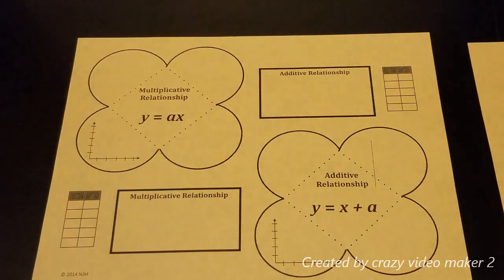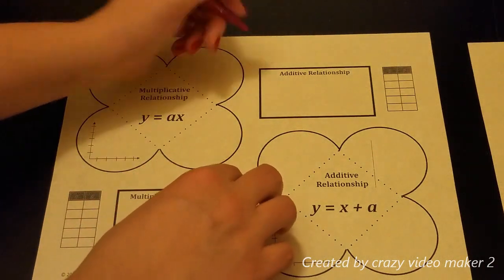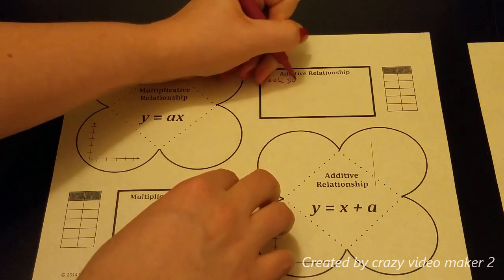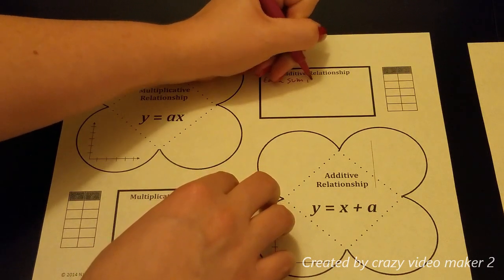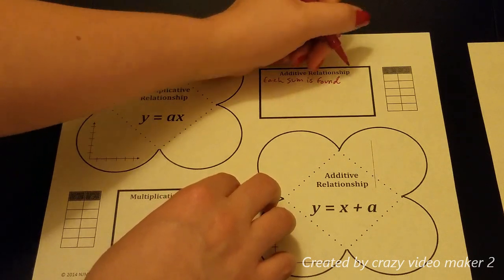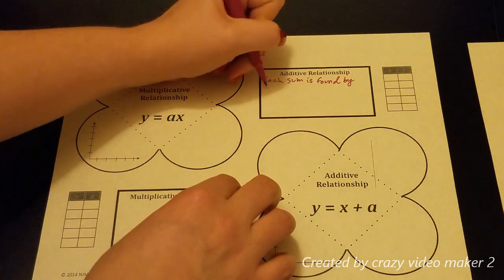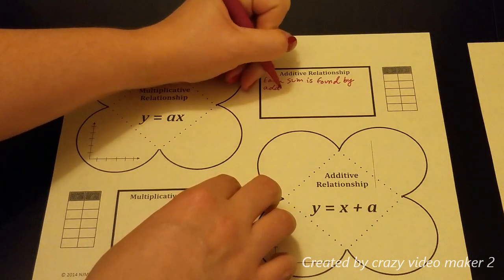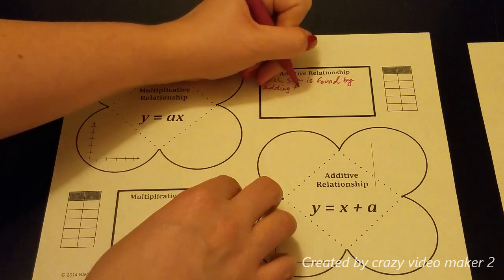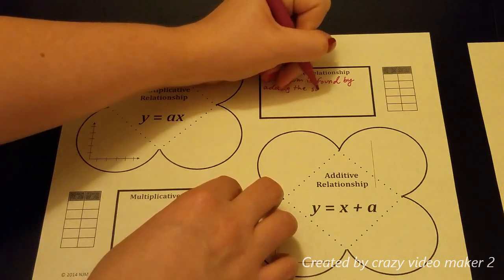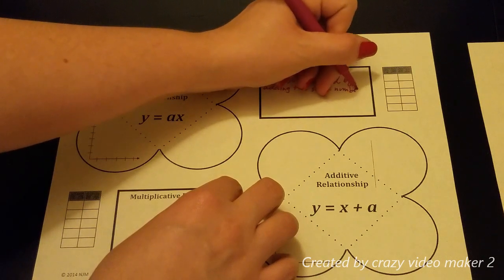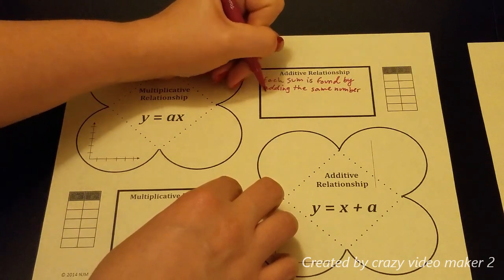So we're going to start filling in here. It says each sum is found by adding the same number to an addend.